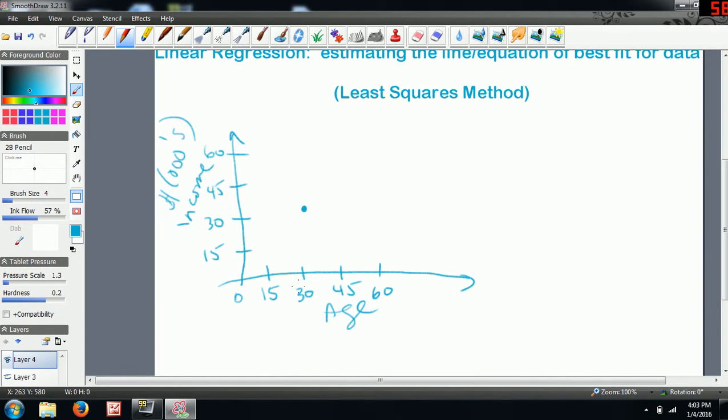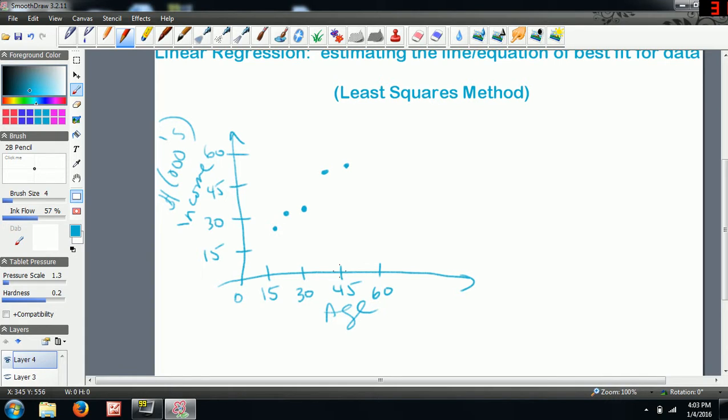The next person was 25, and they made 31,000. The next person was 19, and they made 18,000. The other person was 44, and they made 52,000. The other person on our list was 50, and they made 56, so that's somewhere over there.